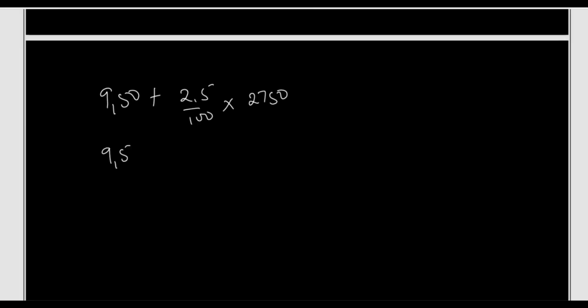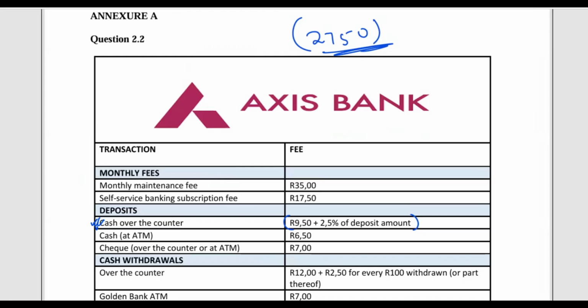That gives me 68,75. And then when I add this together, this is going to give me an answer of 78,25 rands. So that becomes the amount that's going to be charged for that.